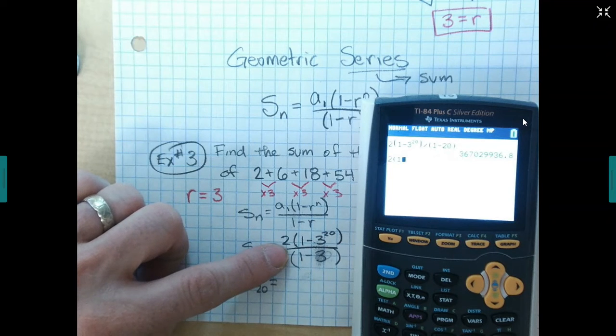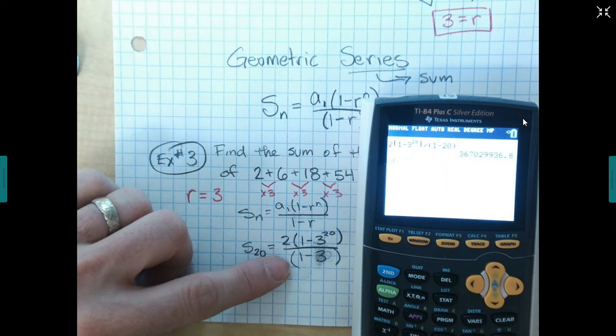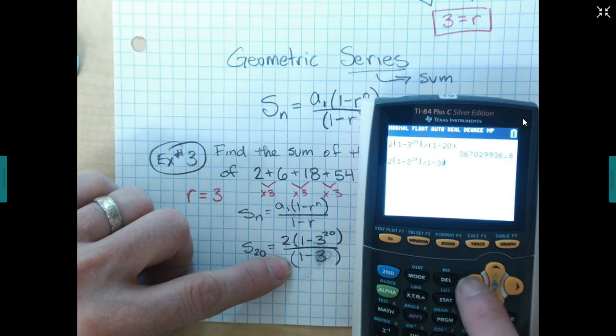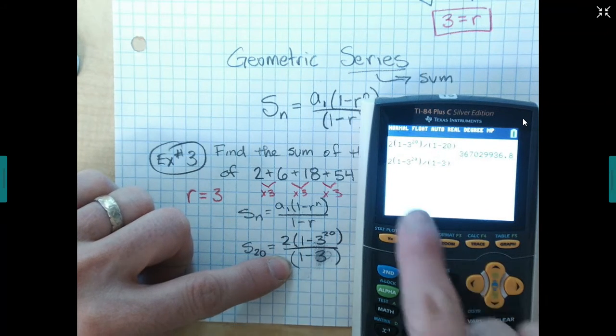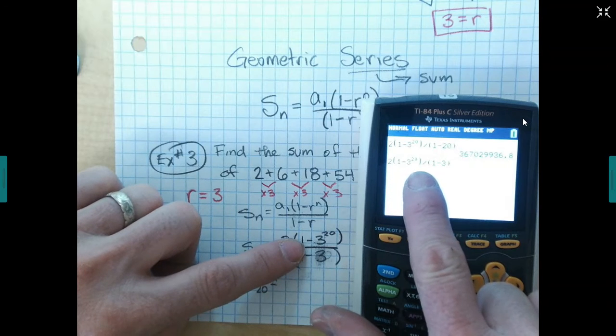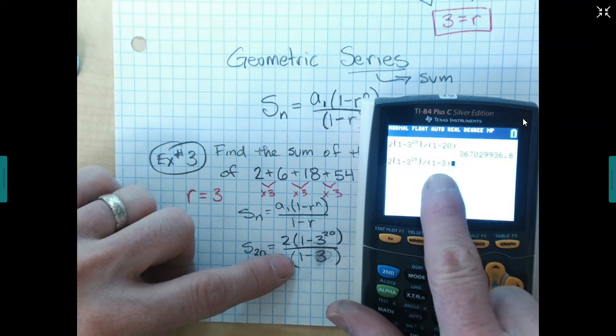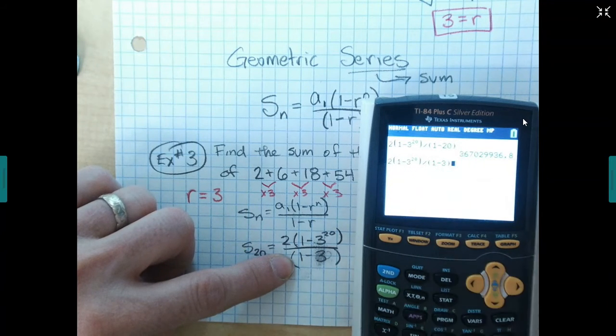2 times 1 minus 3 to the 20th power. Bring the parentheses back down. And that all divided by 1 minus 3. Whoops. Let's get some parentheses there. So 2 times 1 minus 3 to the 20th divided by the difference of 1 minus 3.